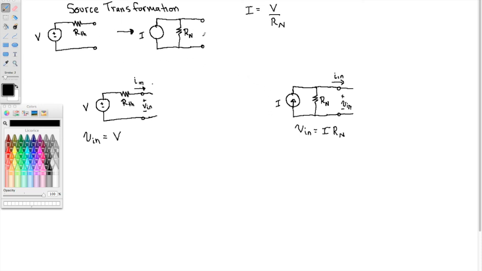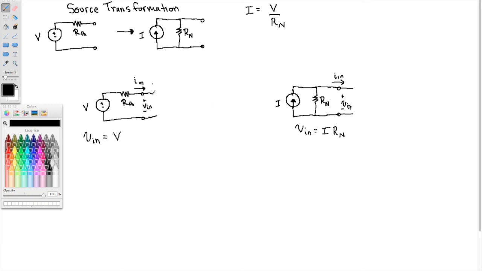And we know that the direction of the current is such that it has to be pointing from negative to positive of the original voltage source, because that current comes down this way and makes the voltage drop from top to bottom, right? So we're going to add that to our picture here.